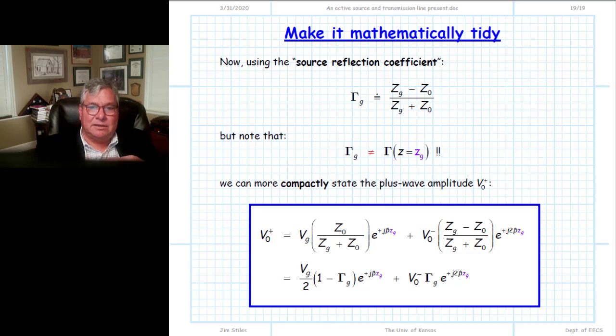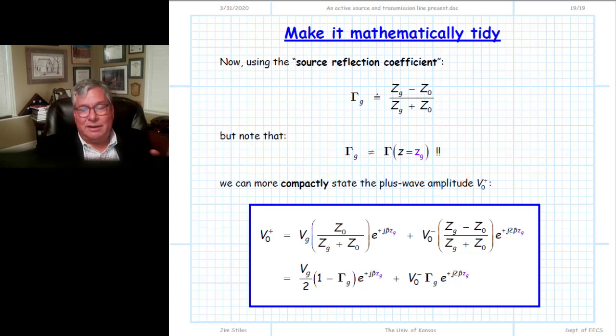And this is the important point of all of this. Instead of saying that the source at the beginning of the line creates the plus wave, which propagates down and reflects off the load at the end, which creates the minus wave, which then propagates back up the line in the other direction, that sequence of causal events is not complete. The minus wave created from reflecting off the load will then propagate up the line and strike the original source, which will then reflect and create a new component to the plus wave.